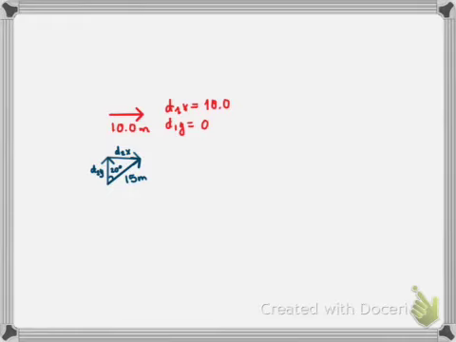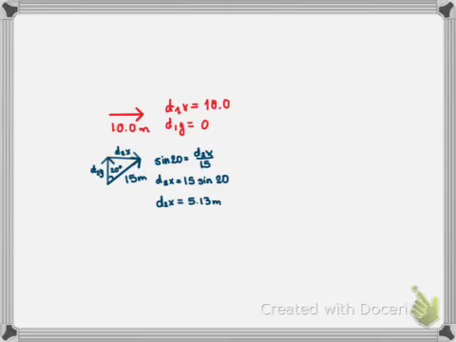So the trigonometric function that relates opposite and hypotenuse is going to be sine. So the sine of 20 is equal to d2x over 15. So from there we can solve that d2x equals 15 sine of 20. So now we will use our calculator. So d2x equals 5.13 meters.